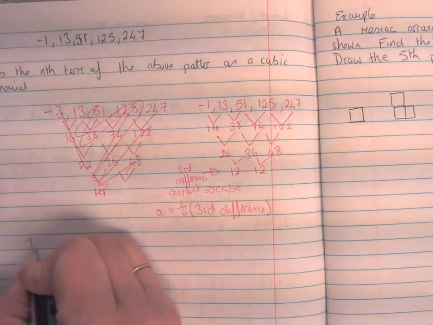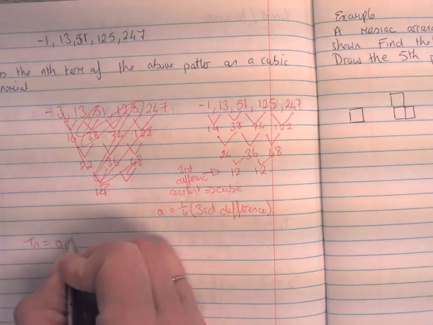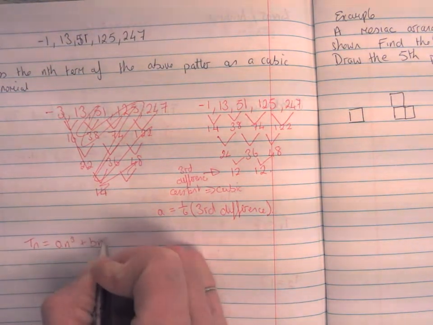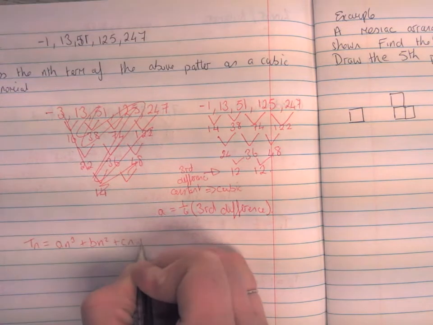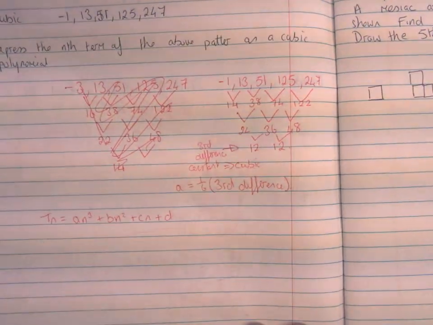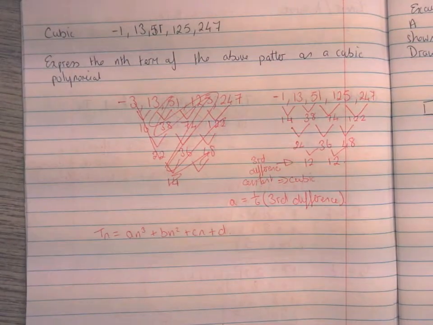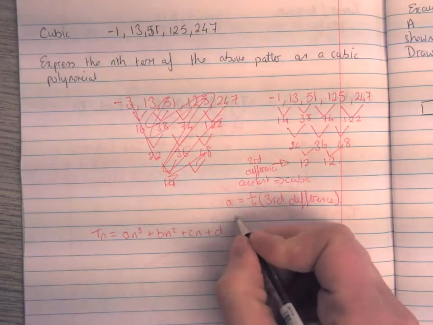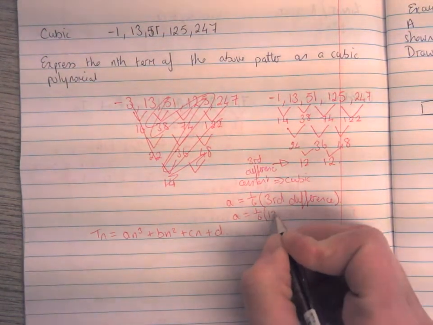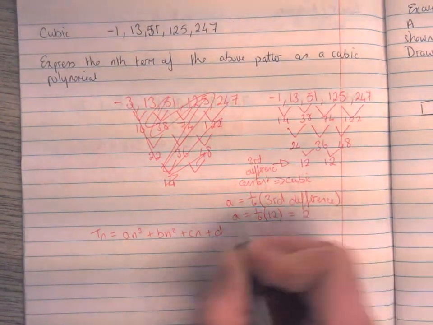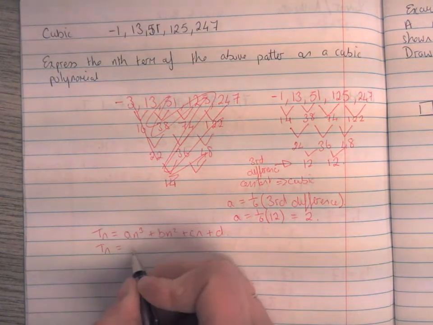And your Tn is an cubed plus bn squared plus cn plus d. So in this question, the 6th of 12 is 2.